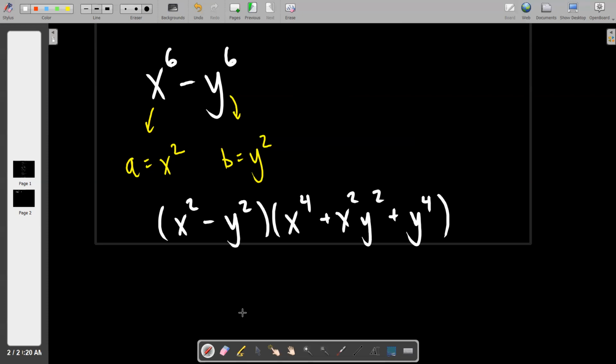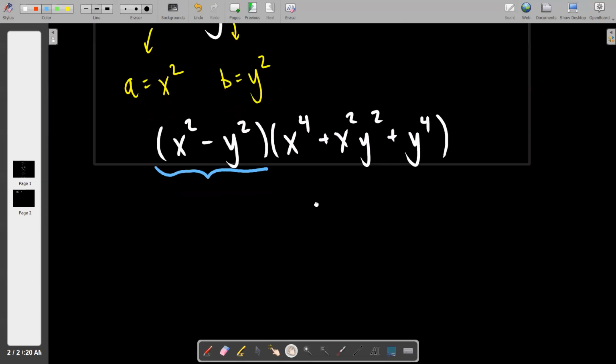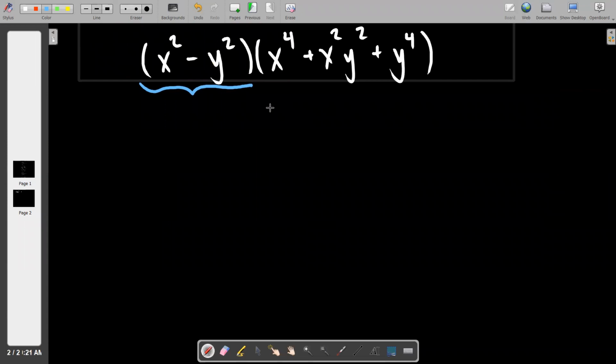Done? Not done? Why not done? Because that is two squares with a minus between them, aka a difference of two squares. And differences of squares can and need to be factored further. So long set is just going to get copied down. Like you could just bring it straight down.